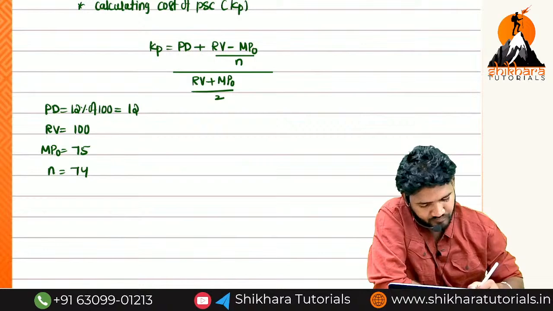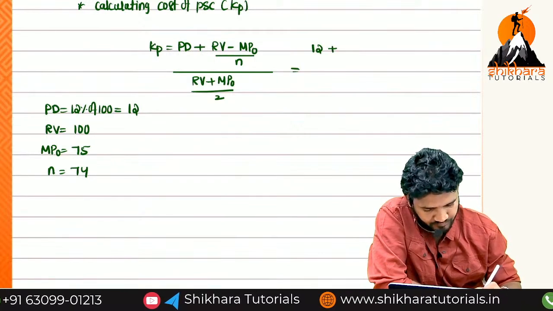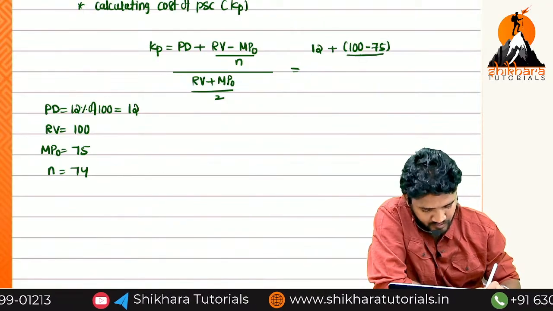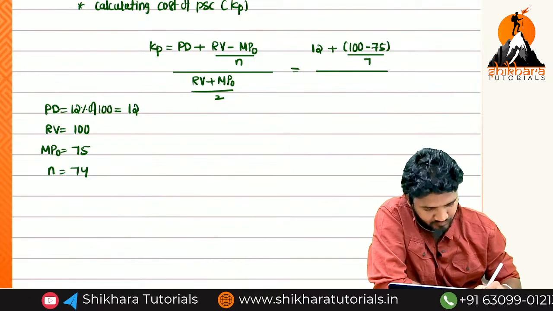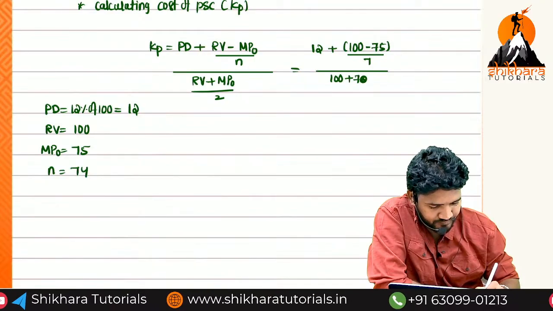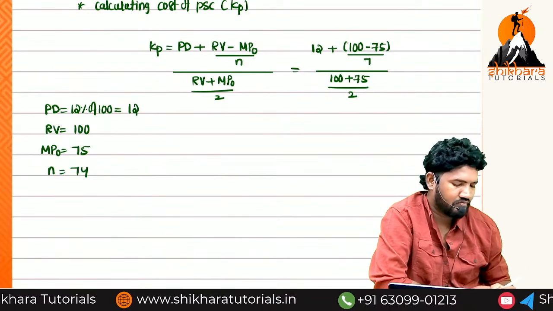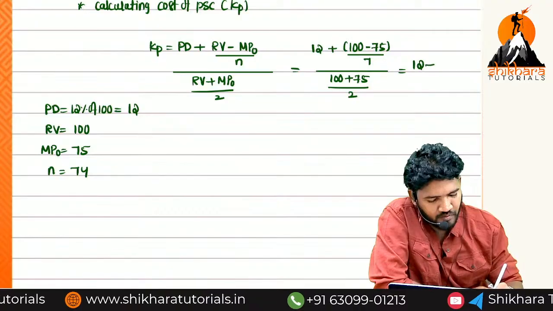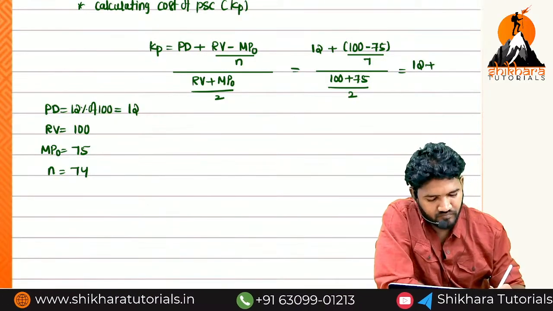Now 12 plus 100 minus 75 divided by 7, whole divided by 100 plus 75 divided by 2. What about the answer? 100 minus 75 divided by 7? 3.5.